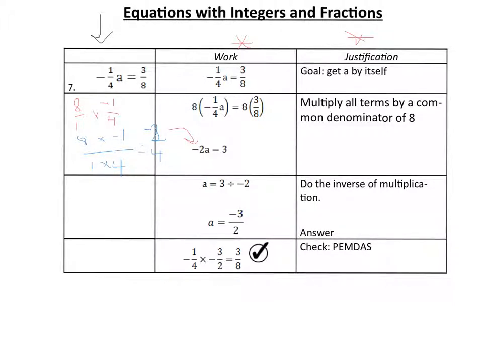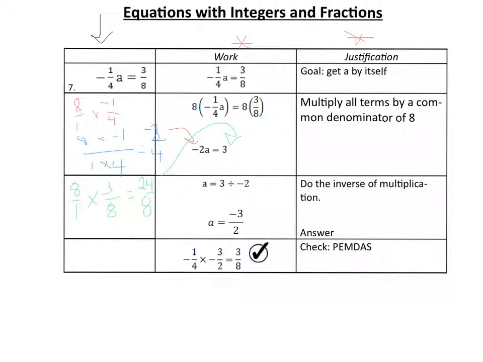For 8 times 3/8, we're saying 8 over 1 times 3 over 8, which is 24 over 8, which simplifies to 3. 24 divided by 8 is 3. So that's what it means to multiply all the terms by the common denominator of 8. Then we're left with the equation negative 2a equals 3. Now we do the inverse of multiplication to get our answer, and then we check it using PEMDAS.